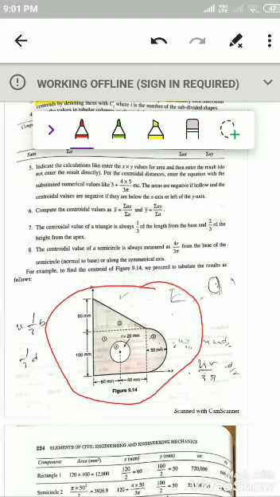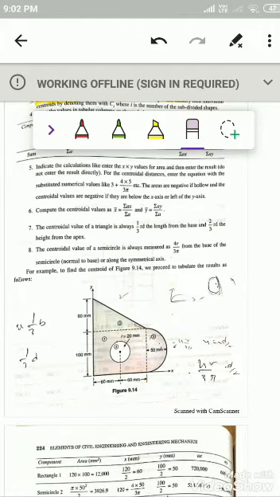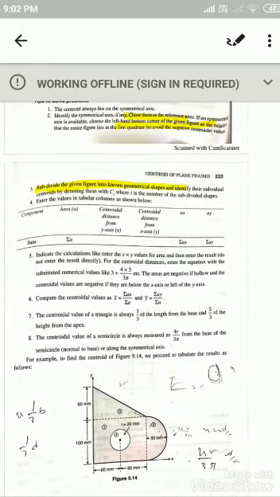You don't know the entire area of the figure they have given, so you divide it into one triangle, one rectangle and one semicircle. For triangle, rectangle and semicircle, we know the centroidal values and area. So the given figure is divided into a number of known geometrical shapes whose centroid can be easily calculated.